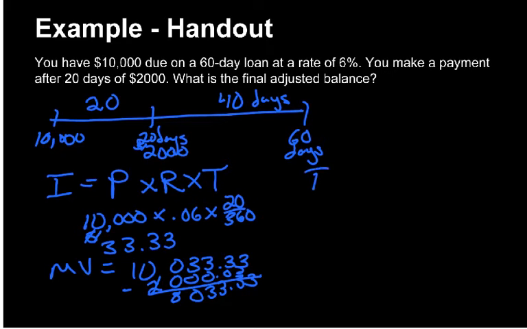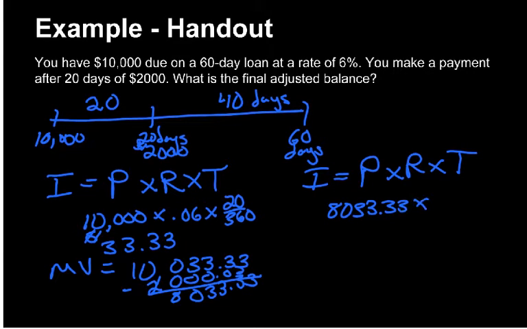So now I'm going to use the interest formula again for the next 40 days of the loan. So interest equals principal times rate times time. And this time our principal is going to be that new number we came up with, $8,033.33, times our rate of 0.06, times our time, which now is the 40 days out of 360.